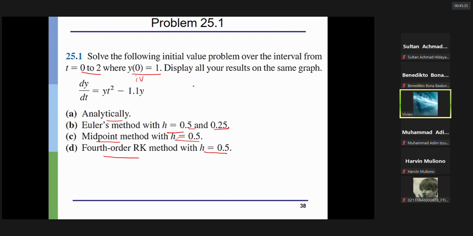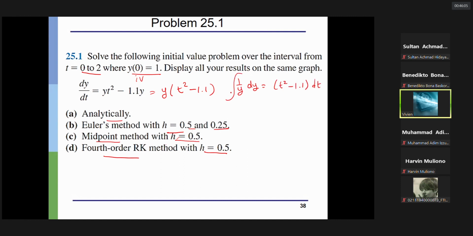For the analytical solution, we can solve it easily. We group the same variables together, so that we have y, and that will be t squared minus 1.1. Now we collect the same terms, moving y to the left side, so that will be 1 over y dy equals t squared minus 1.1 dt.